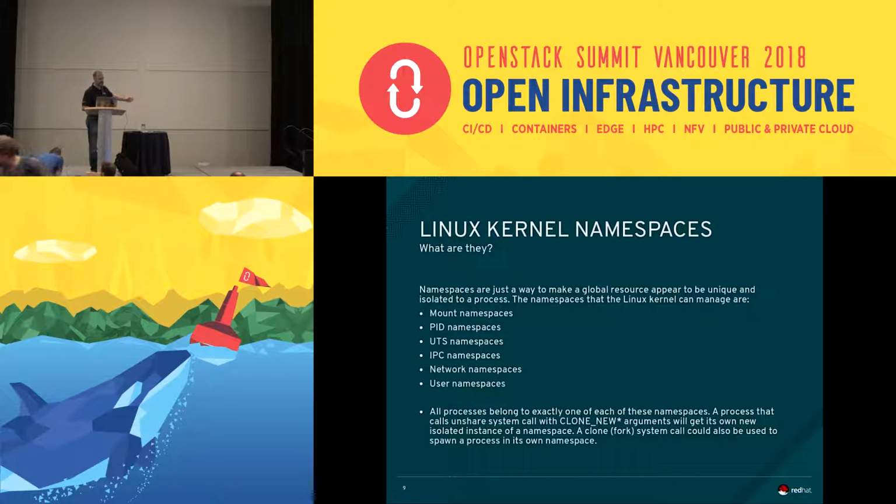I've listed here the various ones within Linux, and we'll talk about each of them individually. By using these, we can create a view of the host system where we have very fine-grained control over exactly what the containerized process can see and what it can't see.